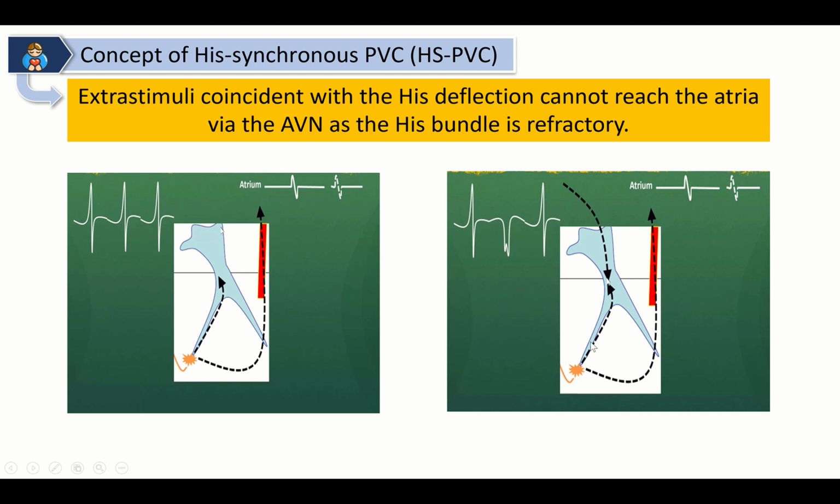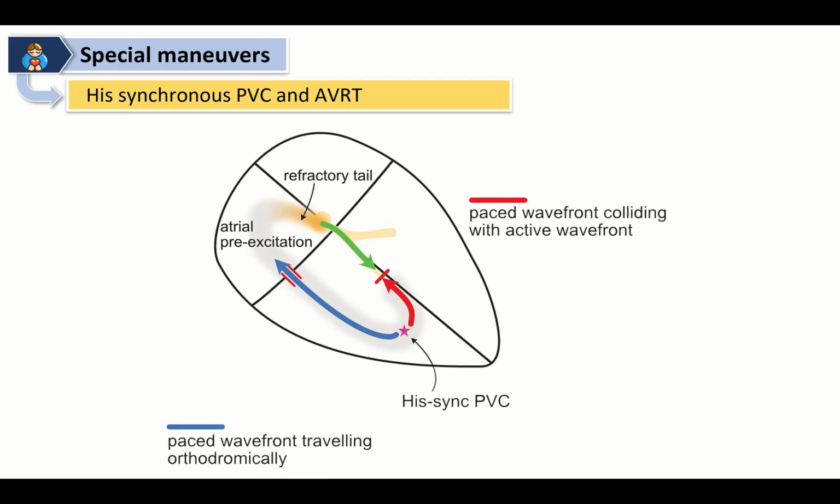So let's give a ventricular extra stimulus at the time the His bundle is in refractoriness. If the beat goes retrograde to the atrium, it means it is accessory pathway conduction, confirming it is a case of AVRT. Amazing concept of His synchronous VPC.